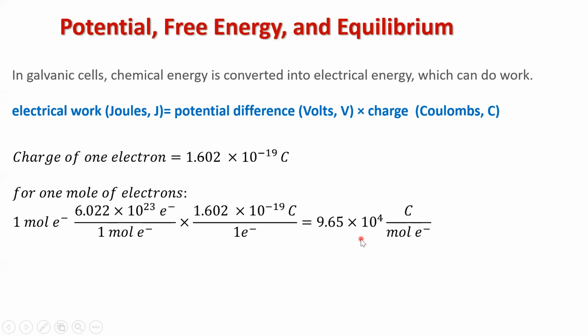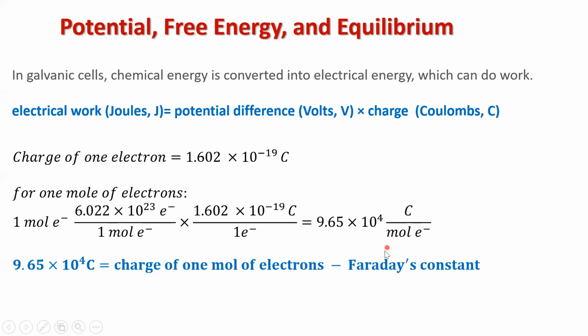So 1 mole of electrons is equal to 9.65 times 10 to the 4 coulombs per mole of electrons. And this constant has a name. It's called Faraday's constant, 9.65 times 10 to the 4 coulombs.